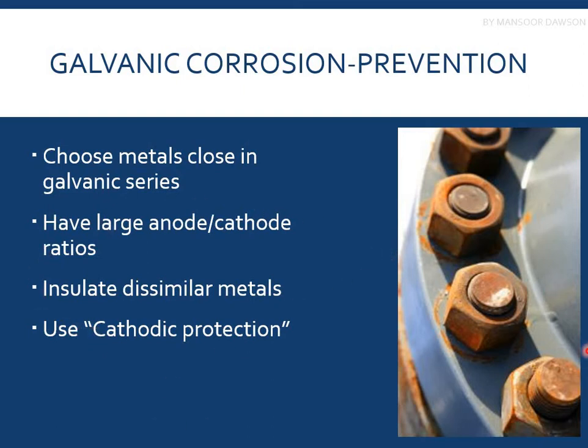supply your part with a small amount of current, which basically means you are supplying electrons to the corrosion medium. In corrosion, your part is providing electrons to the corrosion medium by oxidizing itself.